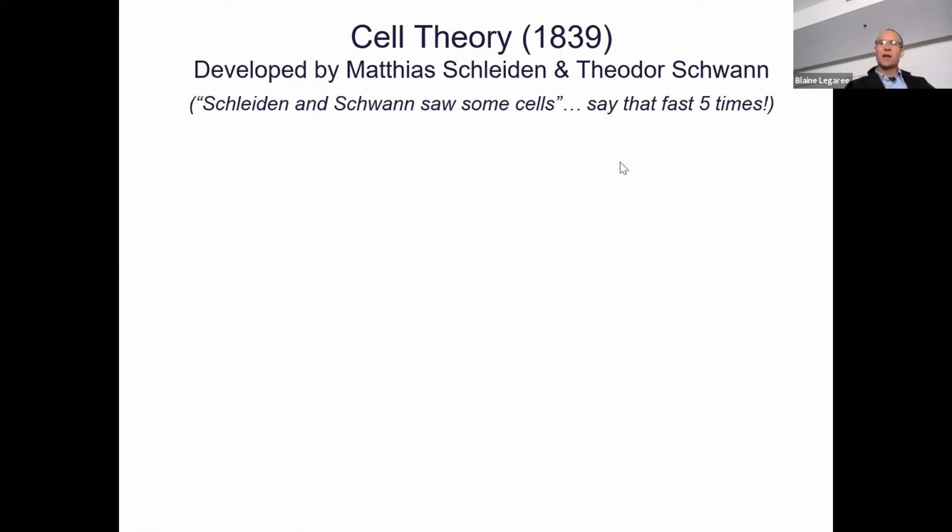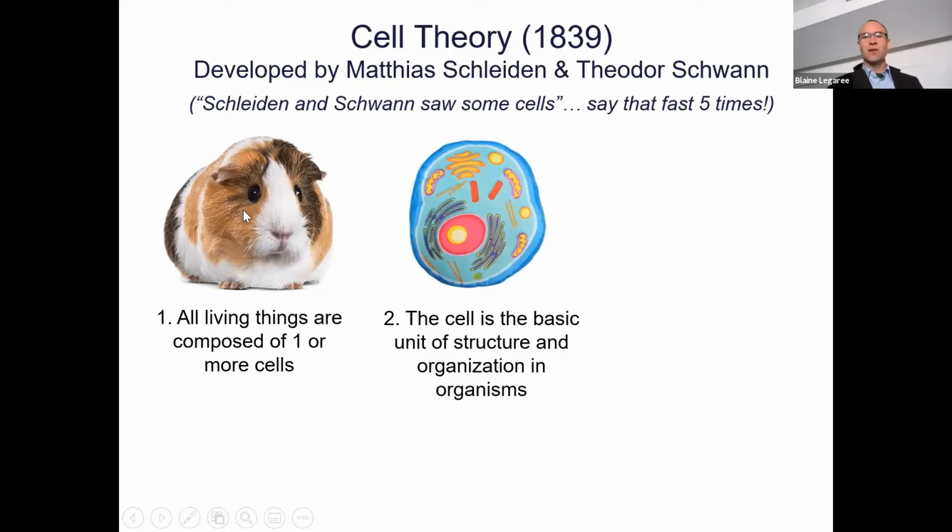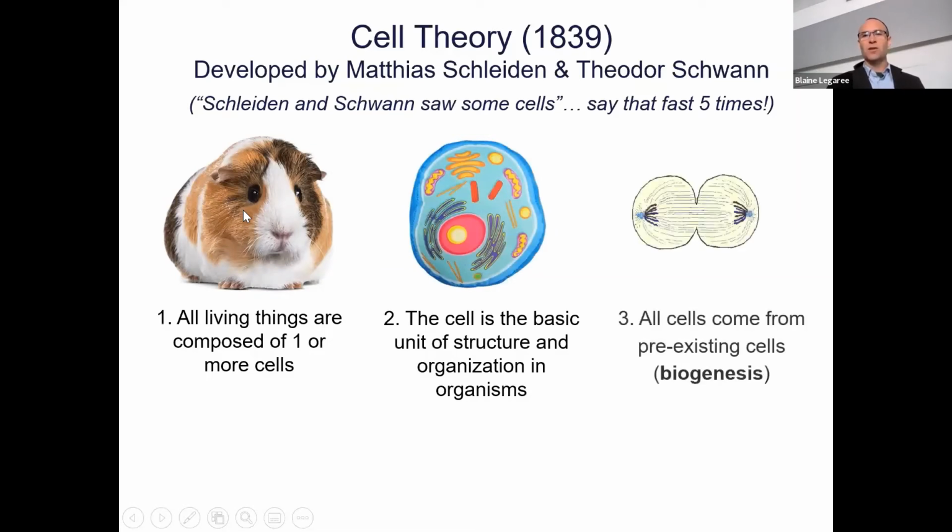and they were getting together and talking about their findings, and they had realized that pretty much all the samples they looked at were made from cells. And so they came up with something that we now call the cell theory. This is the idea that living things are made from cells, that the cell is the basic unit of structure and organization in organisms, and that all cells come from pre-existing cells.